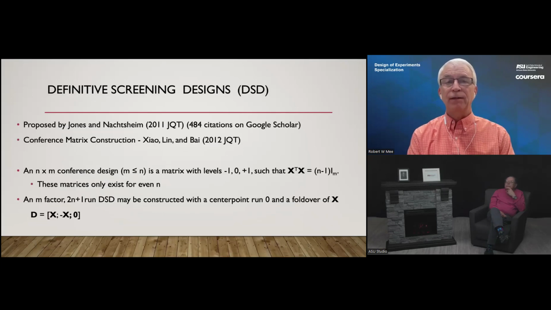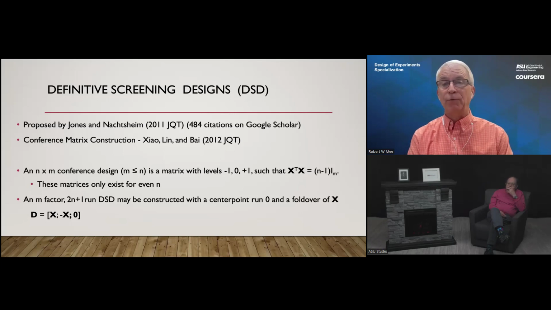So the definitive screening design idea appeared 13 years ago in a Journal of Quality Technology article, and you can see how many times it's been cited. A year later, an additional paper in JQT emphasized the connection between definitive screening designs and conference matrices.